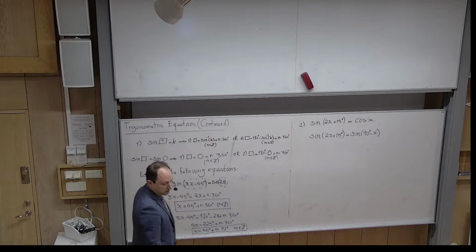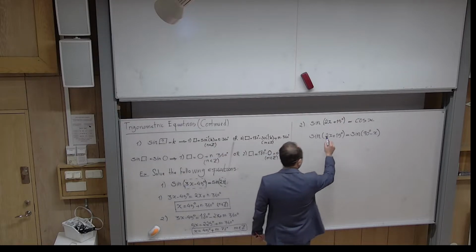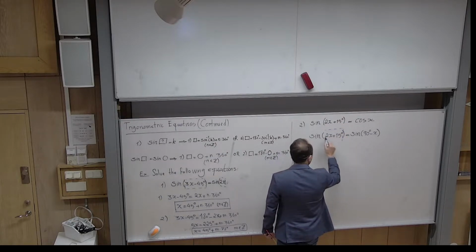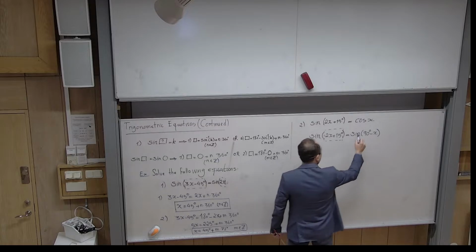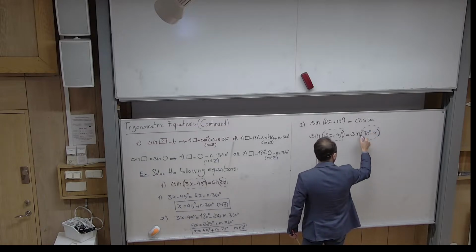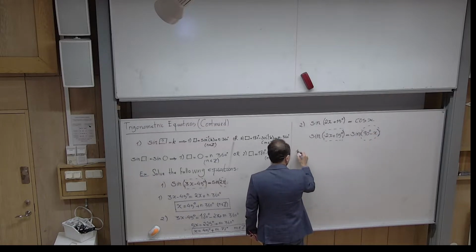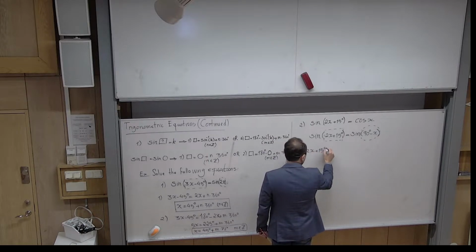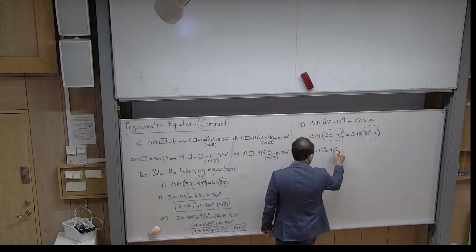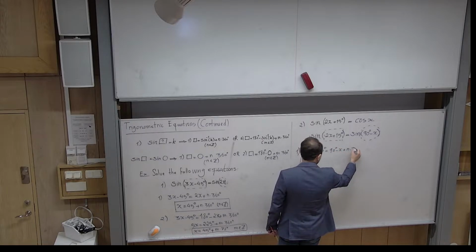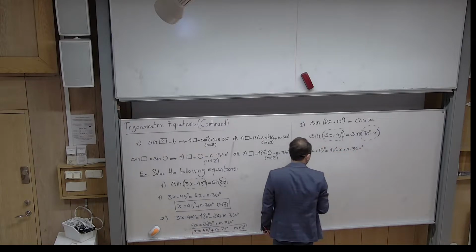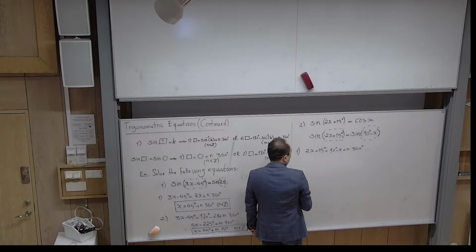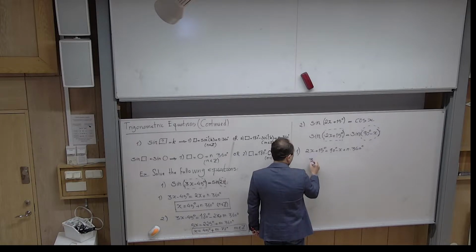And then you can easily give the role of the box to this, and give the role of the circle to this, and then you know how to solve it. So number 1 is 2x plus 15 degrees is equal to 90 degrees minus x plus n times 360 degrees. And then I move this, it becomes 3x.